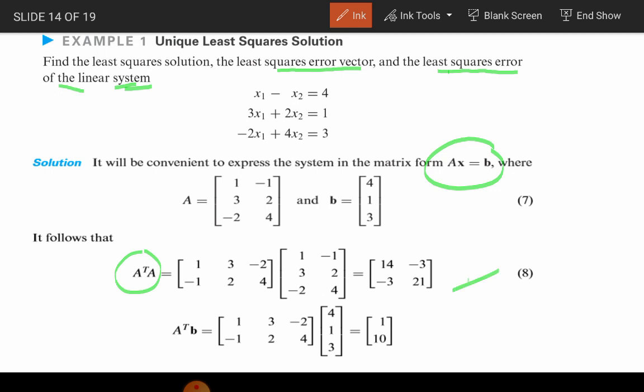And then we find A transpose B from the formula we have studied before. A transpose B, you will get 110.